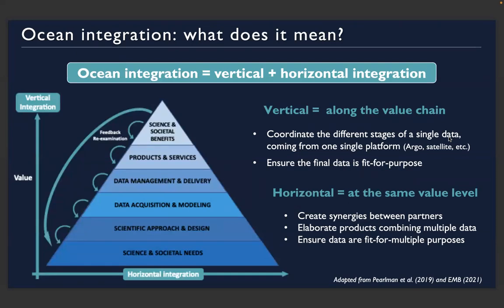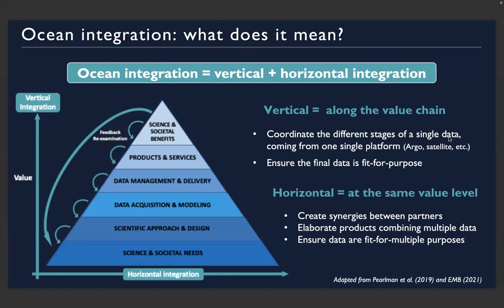The vertical integration would be the integration that occurs along the value chain. It is the process to coordinate the different stages of one single data stream coming from one single platform. This is what is used for Argo, satellites, gliders, etc. And there is a lot of work being done at the moment to improve this integration along the value chain. The goal is to ensure that the final data is fit for purpose.